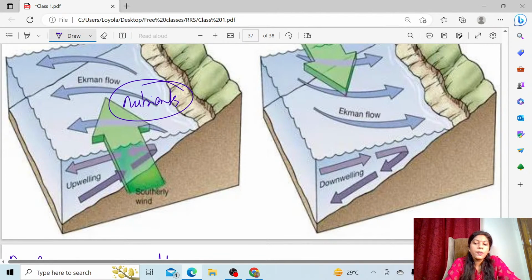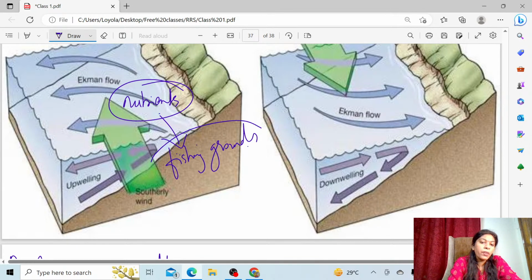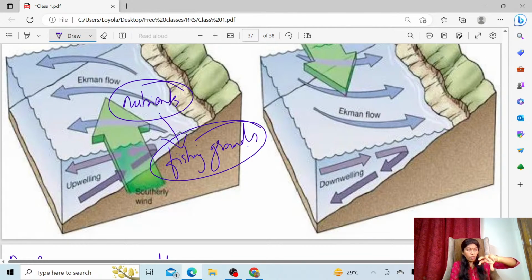That is why you can see a lot of fishing grounds in the marine upwelling zones. They are highly productive because the cold water brings nutrients, which increases life, and bigger organisms also come. So important fishing grounds are located in the marine upwelling zones.